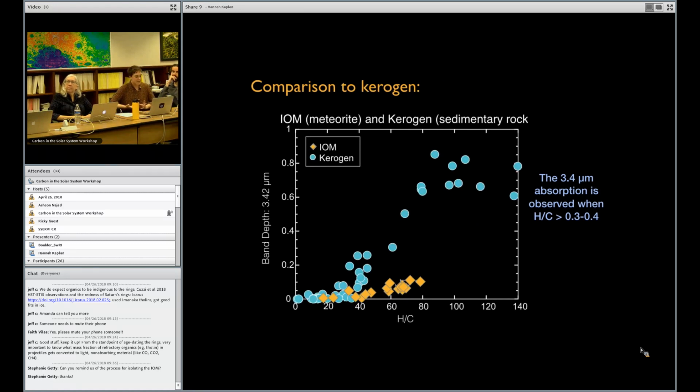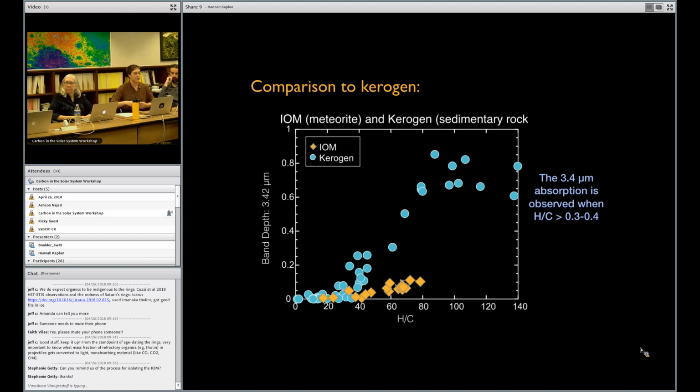A second important point is here are these IOMs, the same plot, but here are kerogens also shown on this plot. We have detection limits for the kerogen also, but it's really interesting that they look very different. Their absorption strength related to their composition looks very different.